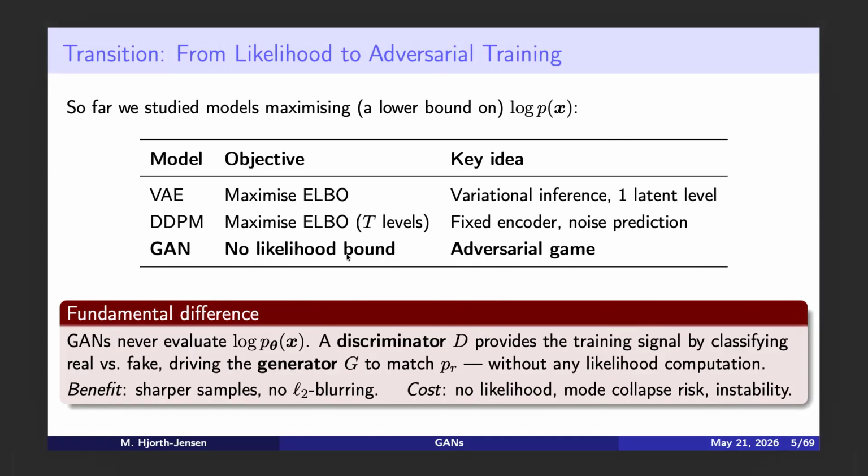The GANs don't give us a probability distribution. That's a big difference. When we look at a variational autoencoder and a diffusion model, we are actually evaluating a probability distribution. GANs never evaluate that. That's a big difference. So in a way, we say that we define the probability distribution in an implicit way.